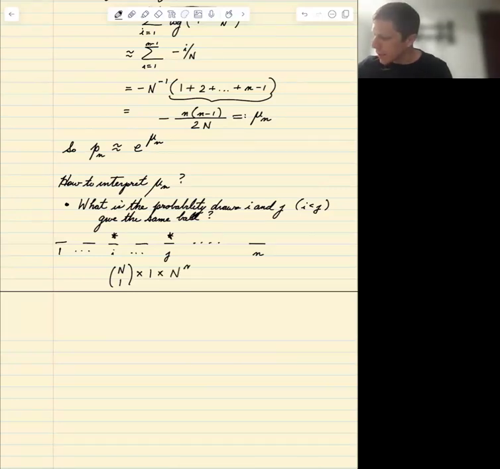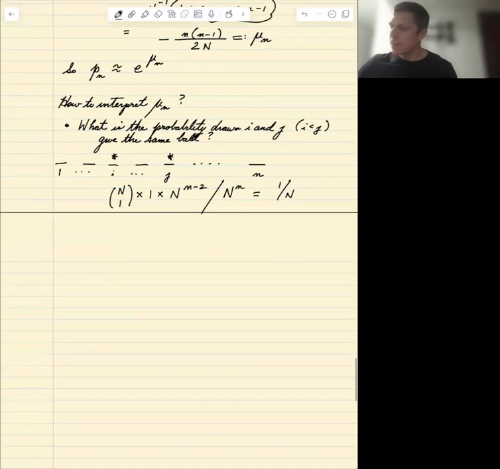So there's N to the power n minus 2. And how many possible orderings are there? That's the size of the sample space, N to the power n. And so this simplifies to 1 over capital N. So the probability that any given pair are equal is 1 over N.